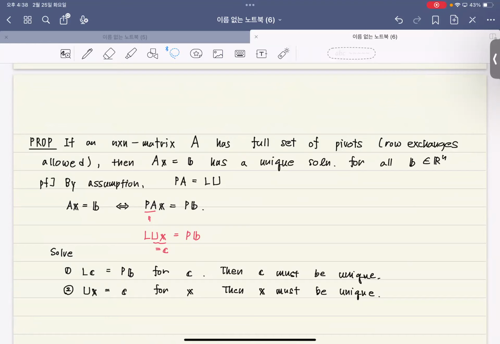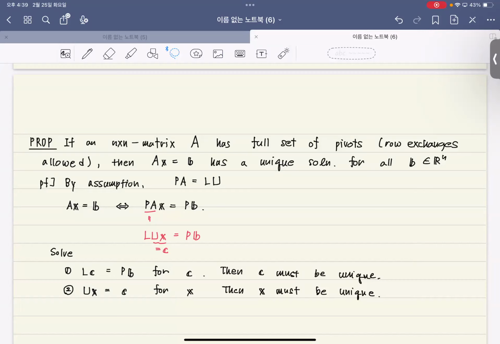Well, if necessary, we allow some row exchanges to matrix A. In other words, suppose that A allows a PA = LU factorization, and it has all non-zero numbers on the diagonals. Then in this case, this system of linear equations, AX = B, has a unique solution for all possible choices of B.